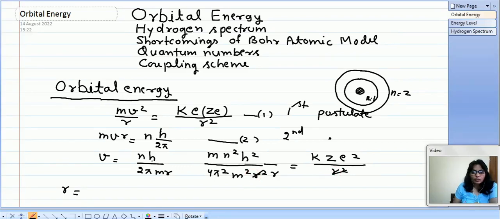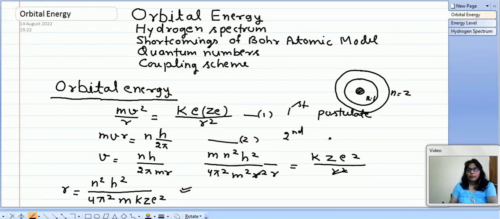So r is equal to n square h square divided by 4 pi square m k Z e square. This m will get cancelled with one m, so we have this value of r.